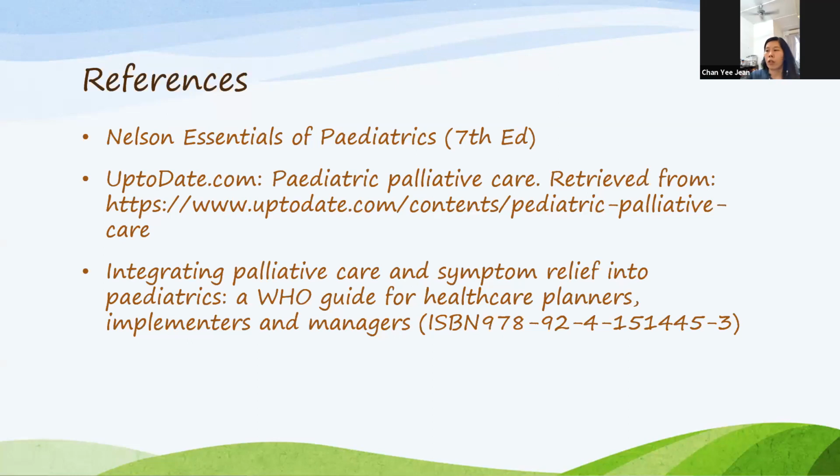Now, if everybody looks at the chat, there are 2 videos linked over there. Both are about end of life for kids. Basically, both kids have SMA, spinal muscular atrophy.